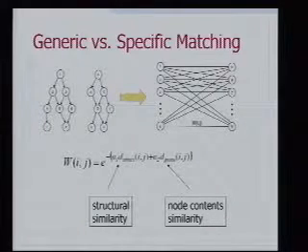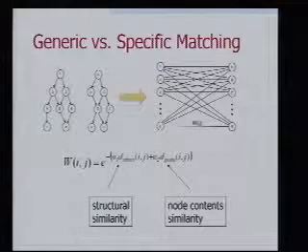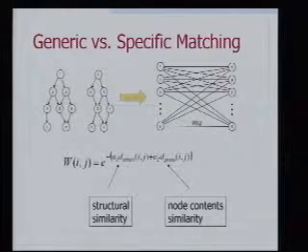Okay? Now, what happens to all the hierarchical structure, which was so important in defining these things, right? Well, here's what we do. The edge weights are going to be computed as follows. The edge weight is a function of the structural similarity of the subgraphs rooted at those nodes.